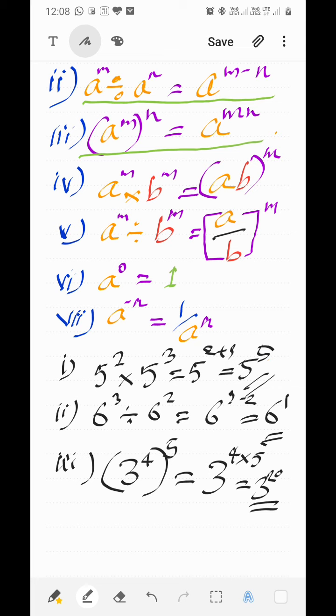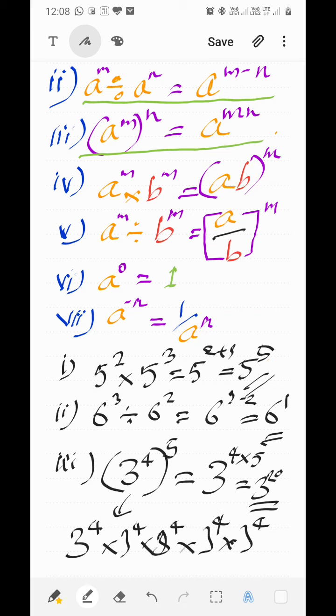As an example, we say 3 raised to 4 all raised to 5. 3 raised to 4 multiplied 5 times. What does it mean? 3 raised to 4 all raised to 5 means 3 raised to 4 into 3 raised to 4 into 3 raised to 4 into 3 raised to 4 into 3 raised to 4. So how many 3 raised to 4 now? 5.